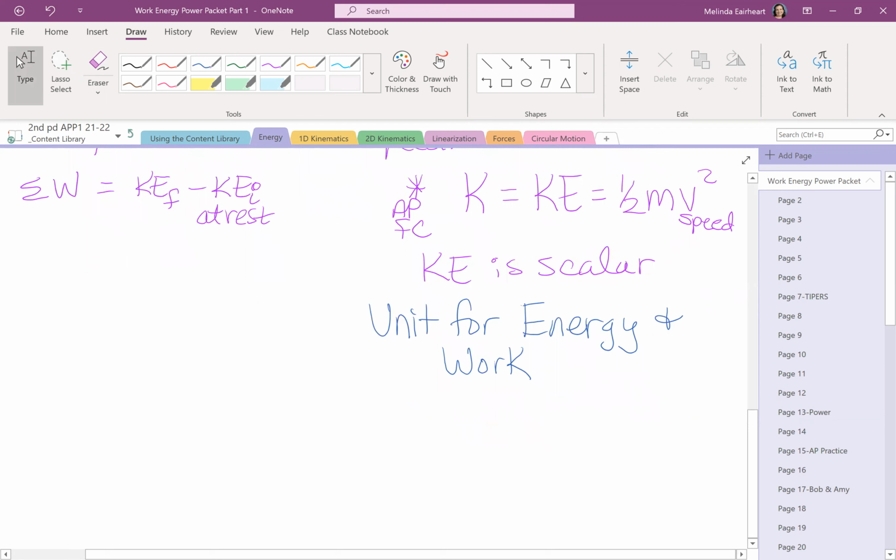You've learned it before. Capital J for joules, so joules, capital J, that's the unit.